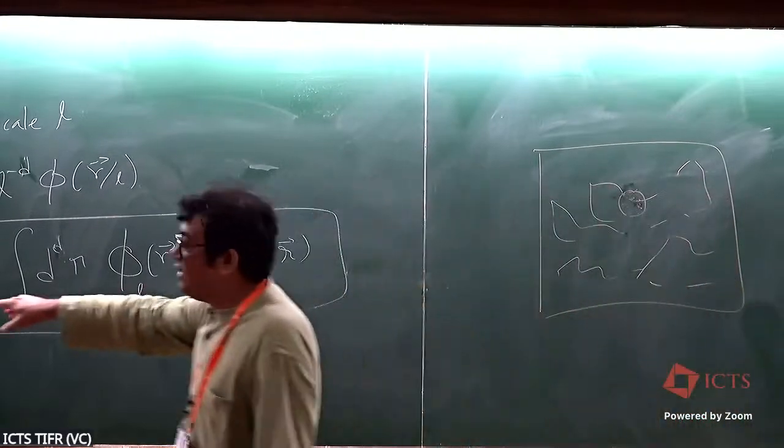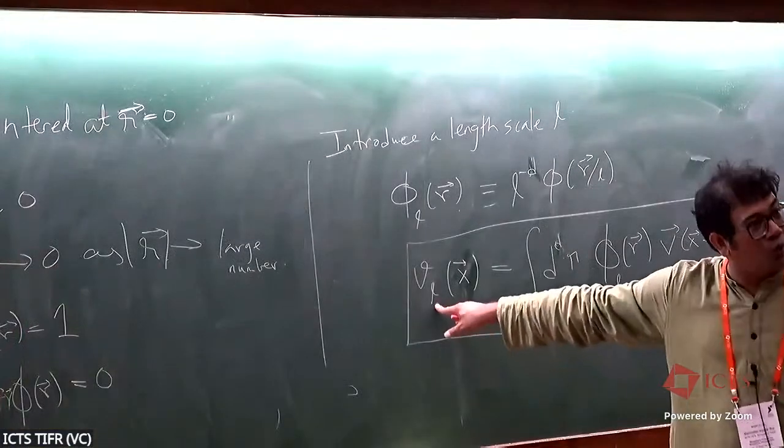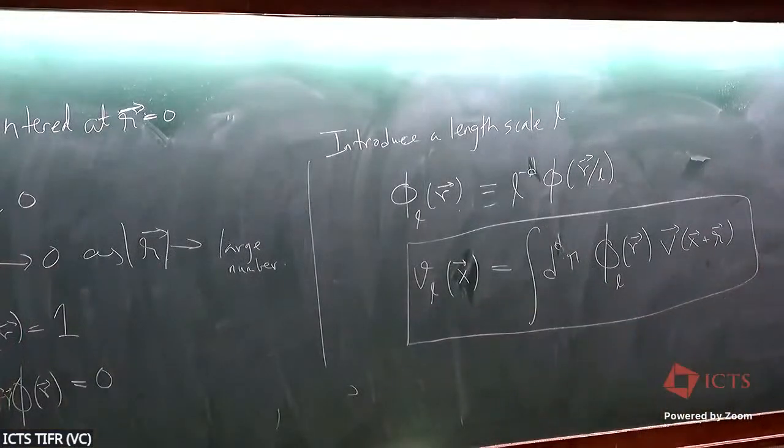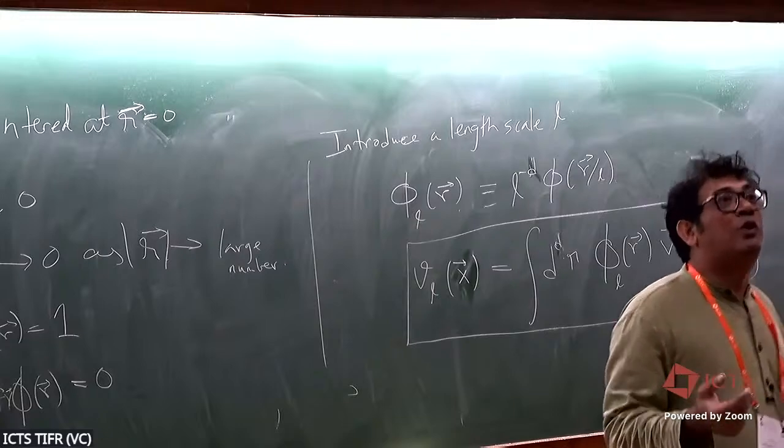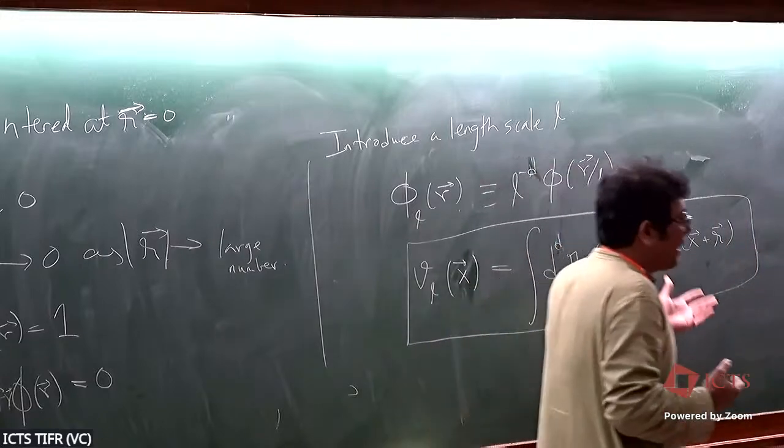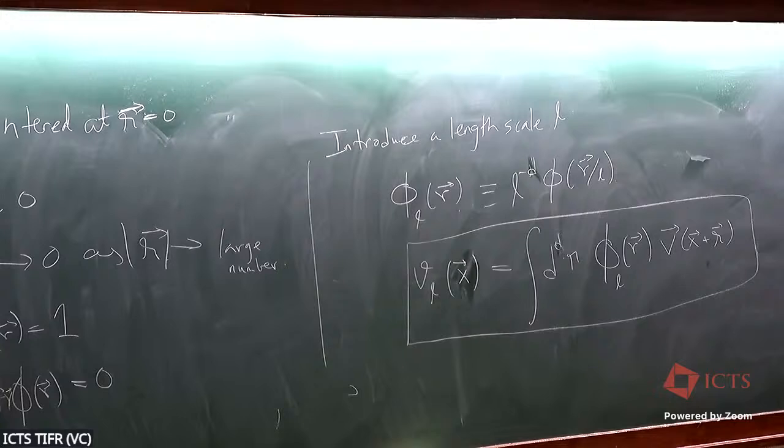After integration, I will get a coarse-grained velocity field, because that will be the sum of the velocities at point x, but spread around a region of size L, and I'll get some sort of an average velocity at point x. All right, so this is a level of coarse graining that I have performed at scale L.